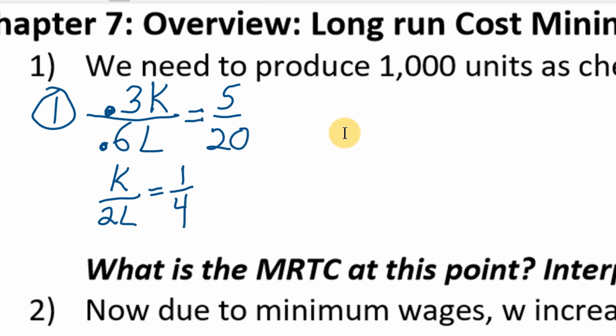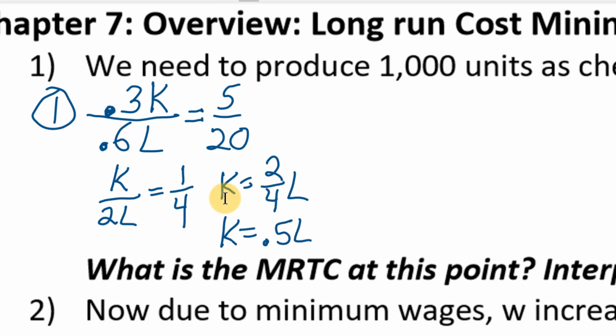What we're going to eventually want to do is solve this equation for either K or L so we can substitute it. Let's solve it for K. So multiply both sides of this equation by 2L, and we're going to get K equals 2L over 4, or 2/4 L, which is simply going to be 1/2 L, or 0.5 L, however you want to write it.